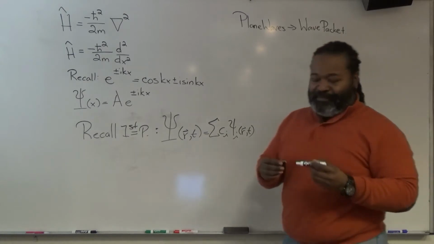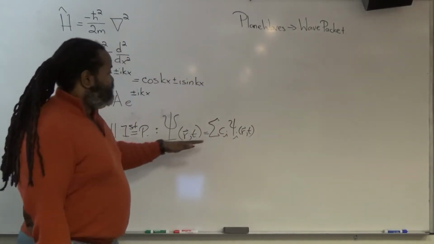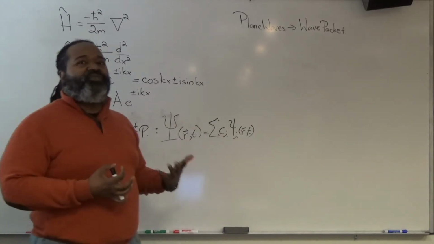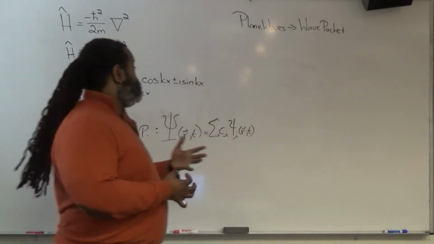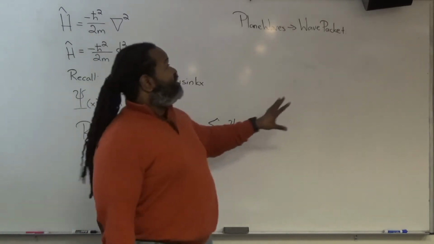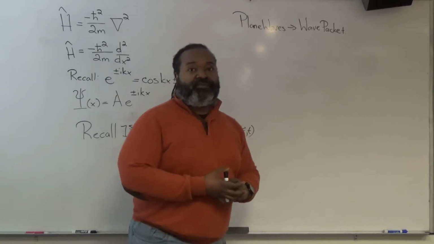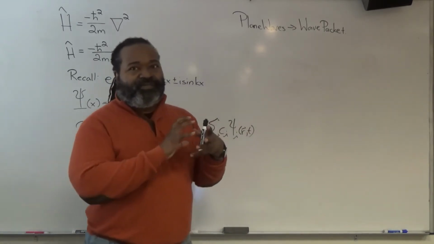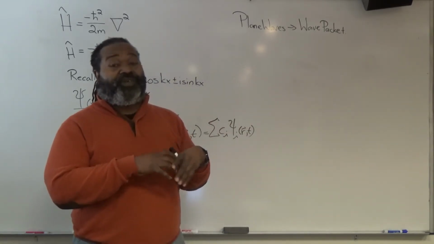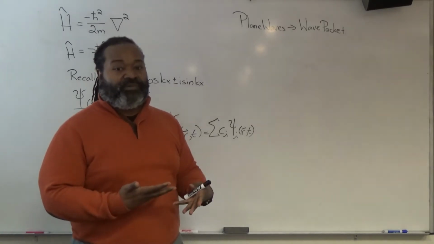a wave packet. The idea is that we could take a bunch of individual things that we couldn't normalize separately, which is what we have here, and by writing them out as plane waves and combining them, we get a wave packet. We bundle all of them together effectively to create a representation of that free particle.